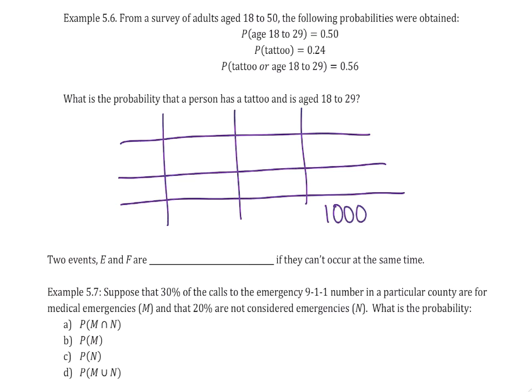So we're going to have a total of 1,000. And we'll have tattoo and not tattoo. And I'm going to make this Y for young adult and not Y. So we know that 18 to 29 is 50%.